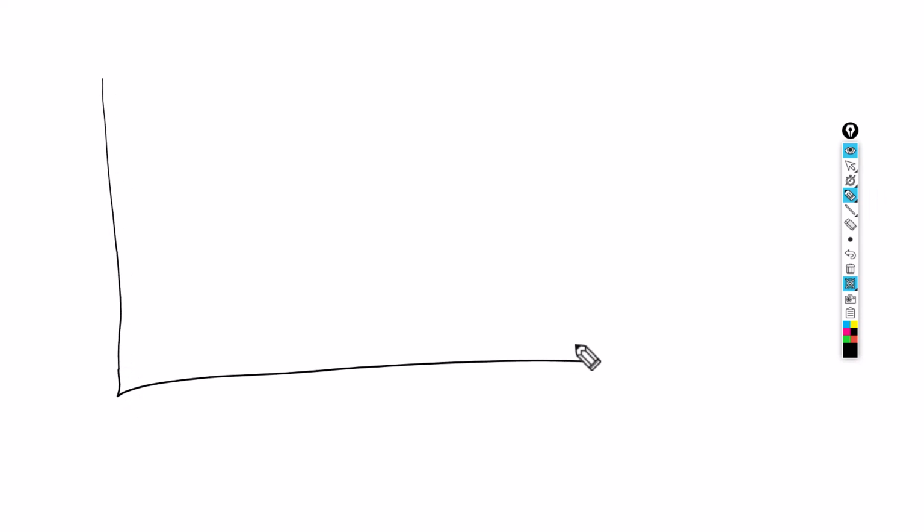What I mean by move down in a straight line is most times when you have a price chart, excuse me for a bit as I recalibrate my board here. Most times with price charts, what you would find is that you have something that looks like this, this being the y-axis, and this being the x-axis.